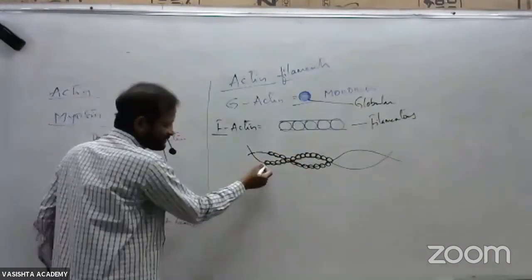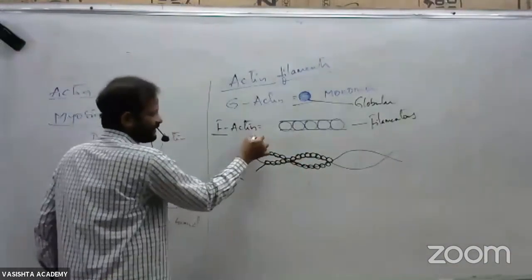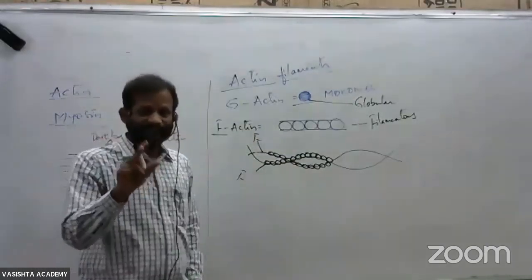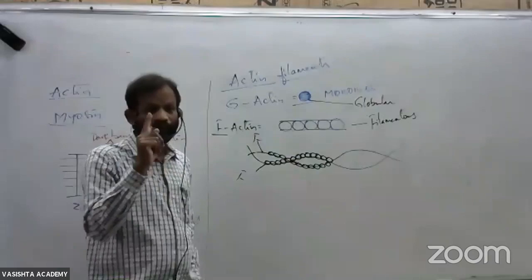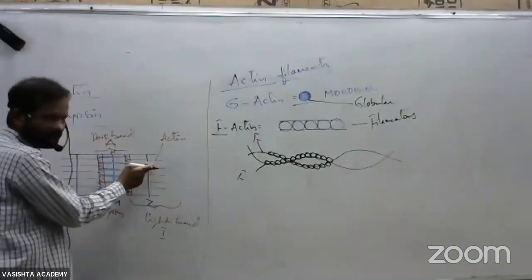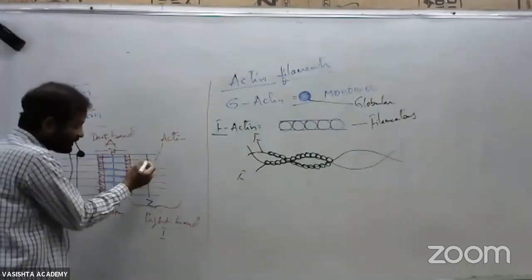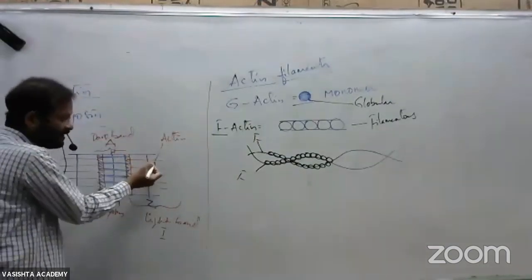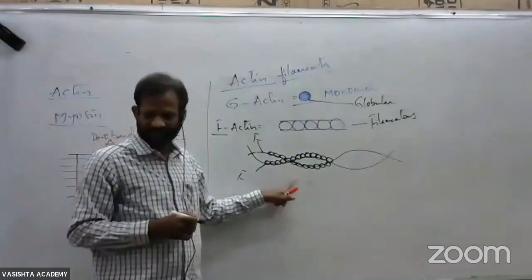This is one F-actin, this is one F-actin. With the combination of the 2 F-actins, one actin filament is formed. In this diagram, I am showing a single line, but internally, that single line is made of 2 F-actins.